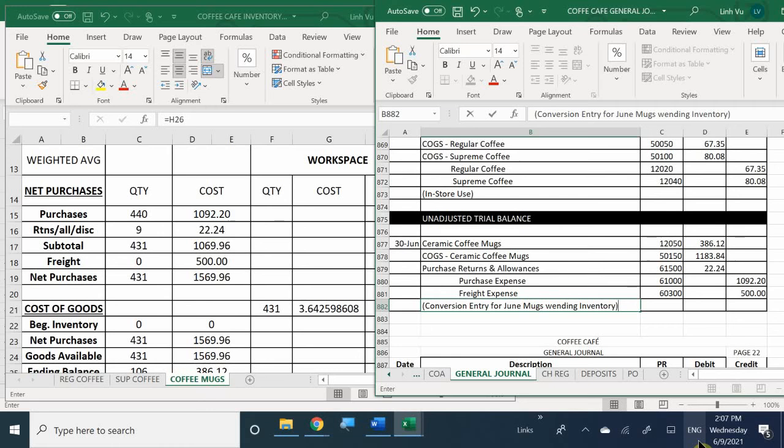Good? You want to write how many mugs you have, anything like that? You can go ahead and do so.